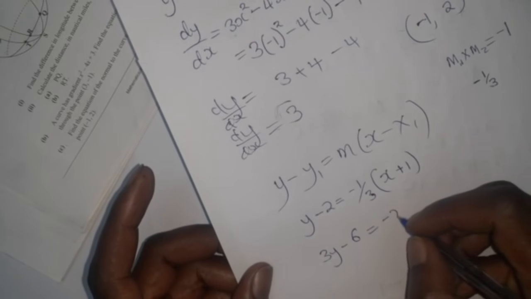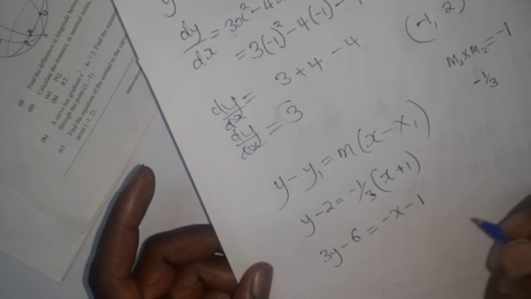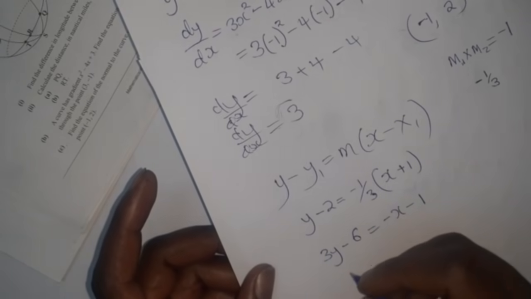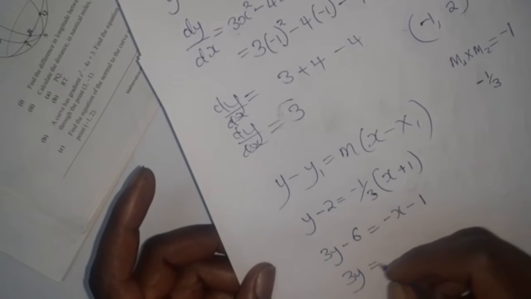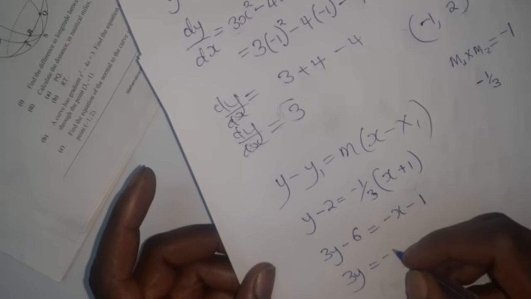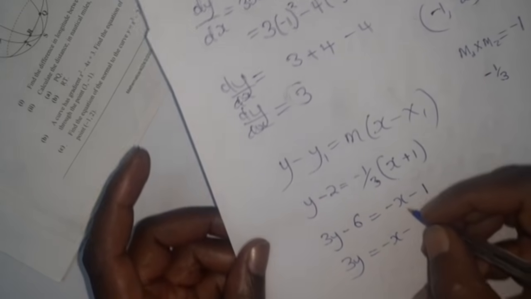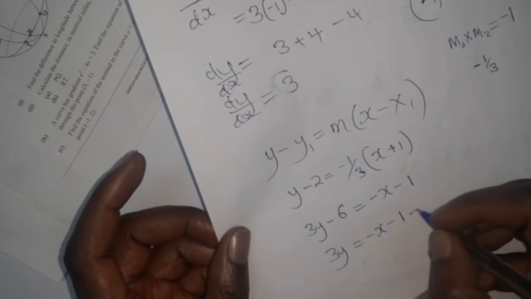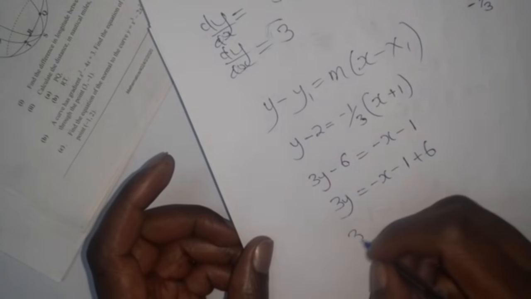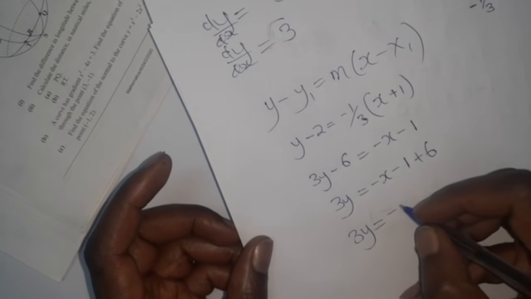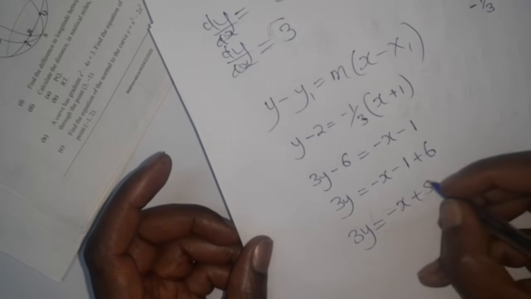Then 3y equals -x minus 1 plus 6. So you have 3y equals -x plus 5.